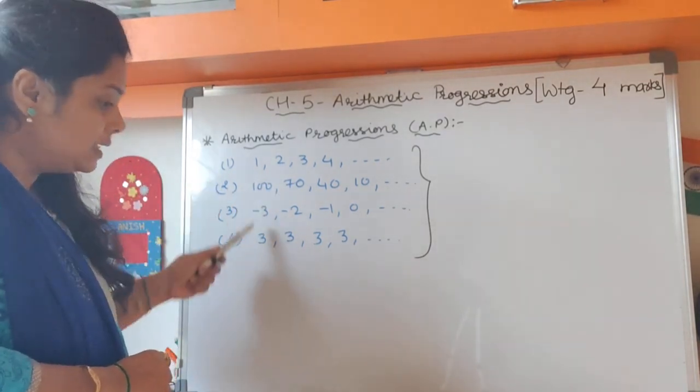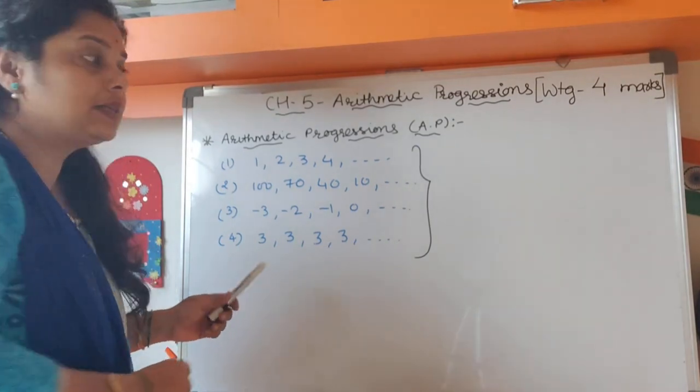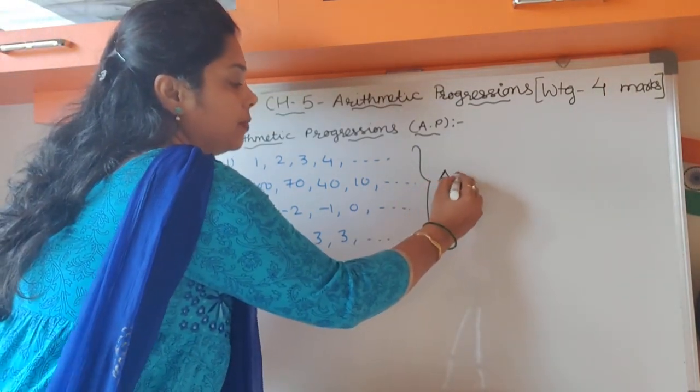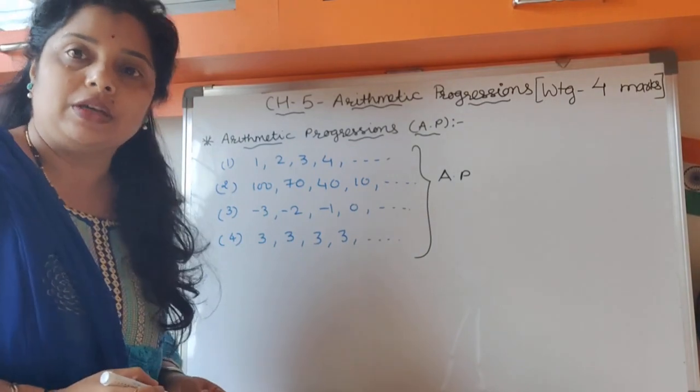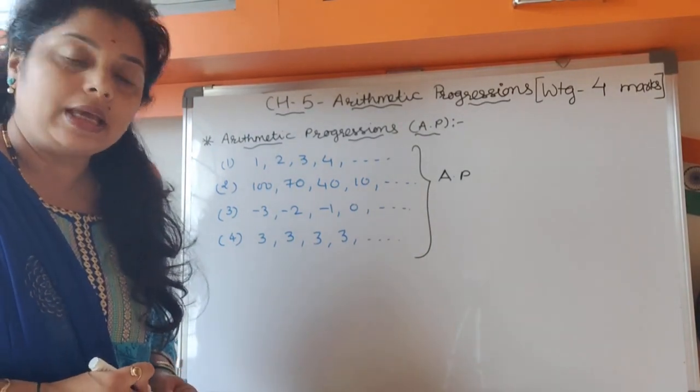And such a list of numbers is said to be an AP.